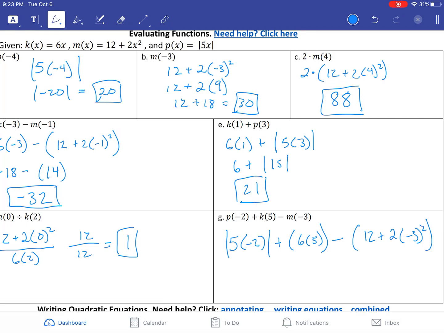Now you guys got to do the math. So 5 times negative 2 is negative 10, but the absolute value of negative 10 is positive 10. Plus 6 times 5 is 30, minus negative 3 squared is positive 9. 9 times 2 is 18, and 18 plus 12 is 30. So we have minus 30. Well, 30 minus 30 is 0, so your answer is just 10.